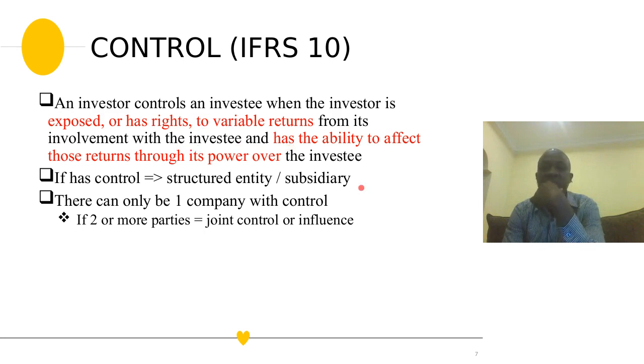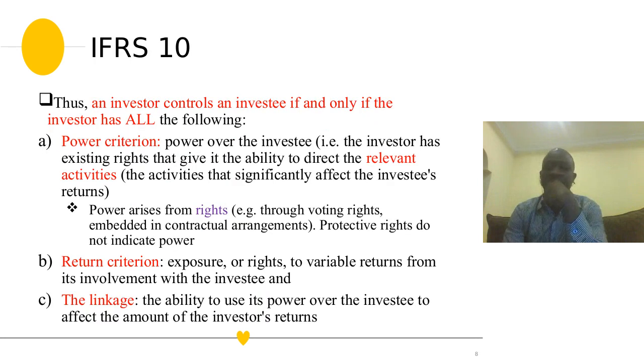So what we mean is that when you buy a company, you have to get control of that company that you have bought. If you only have one company with control, that will be a case where you are buying the subsidiary company.